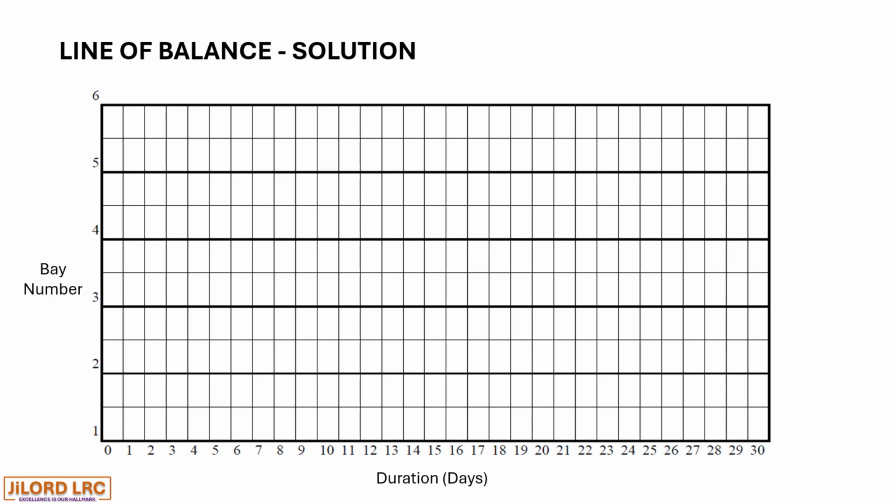Bay 2 would have the installation of piles taking another 2 days. Bay 3 would have the installation of piles taking another 2 days. Bay 4, Bay 5, Bay 6 would all have the installation of piles for each bay taking a duration of 2 days each, respectively.